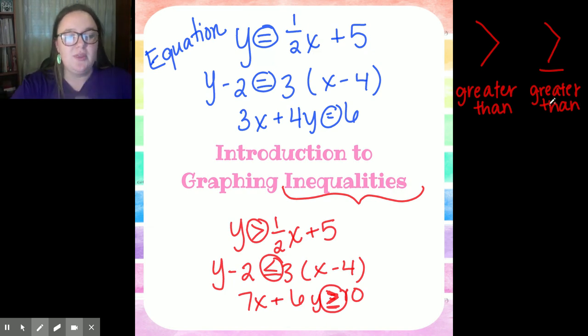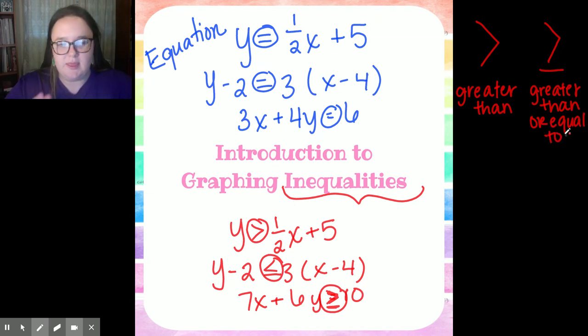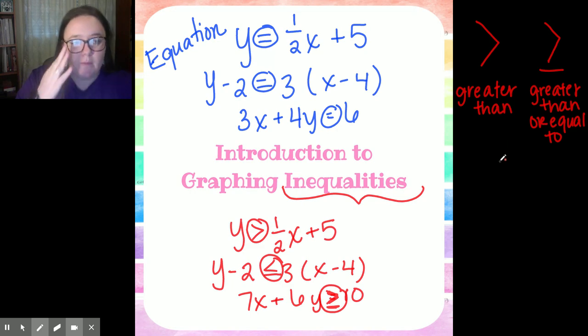But this inequality with that line is called greater than or equal to. And you're going to see why pretty close to the end of this video. My goal is by the end of the video, you will understand exactly why some of them have the line and some of them don't. Why some of them are equal to and some of them aren't, right? So we have greater than, and greater than or equal to.